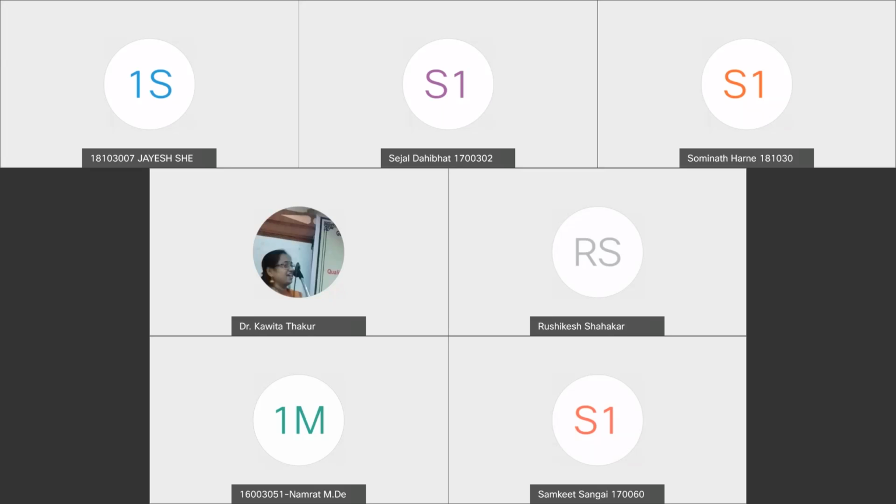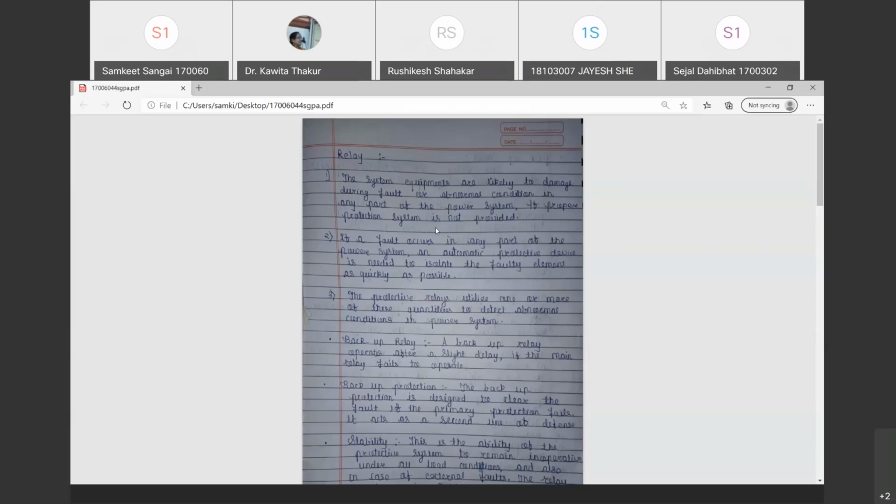There is a pickup level: the value of actuating quantity above which the relay will operate. It can be current if a current transformer is used, and if a potential transformer is used, it will be voltage. The reset level is the value of actuating quantity, the minimum actuating quantity; if the current or voltage falls below that level, the relay will de-energize.